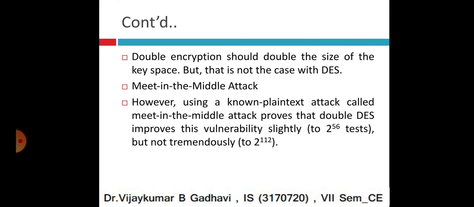Here in single DES we have a huge amount of keys, but here we multiply by 2, 56 bits. So it's a huge possibility to secure and improve the vulnerability of your system and protection of your data.